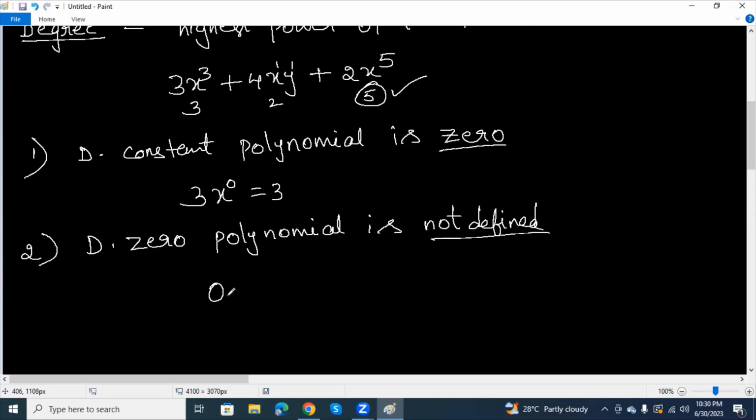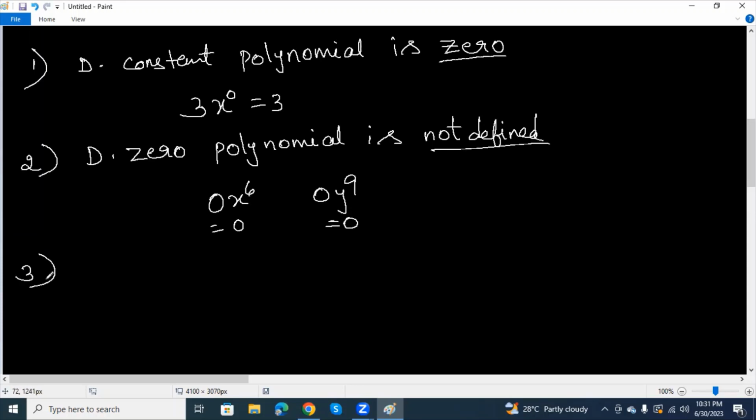So beside this 0, you may keep x power 6 also. Beside this 0, you may keep the product of y power 9 also. Anything you keep, the answer is 0 only. So we can't predict what the degree of this polynomial is, because the original variable or original power we can't predict. That's the reason the degree of the 0 polynomial is not defined.